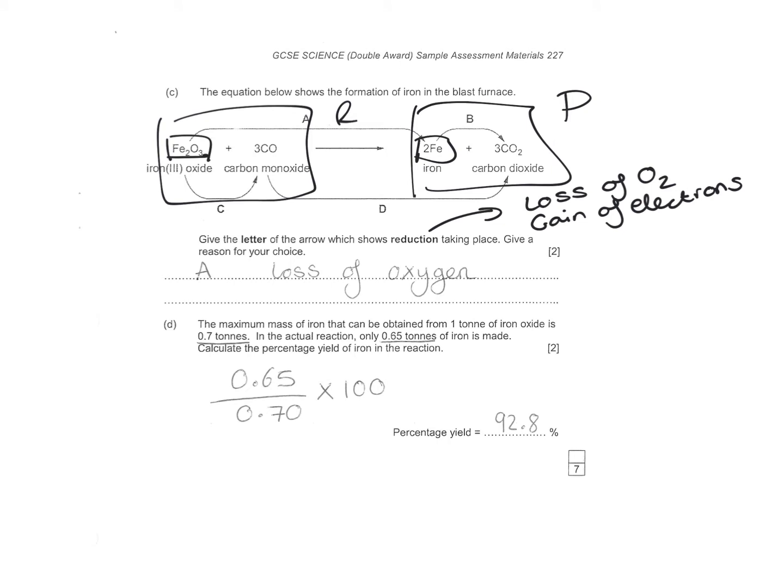So A, reason for that is lost oxygen. Then it says that you should be able to make 0.7 tonnes. You only made 0.65. So what is the percentage yield? That's from last year. You do actual, what you actually made, over the theoretical, times by 100 because it's a percentage.